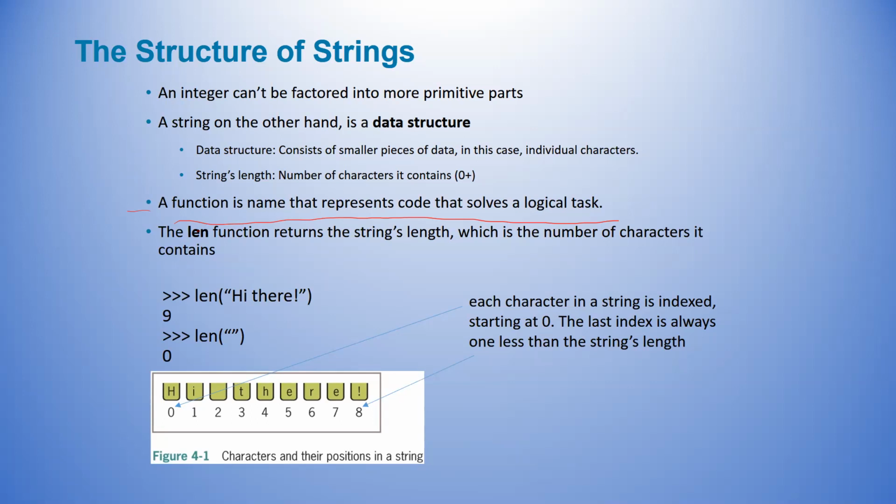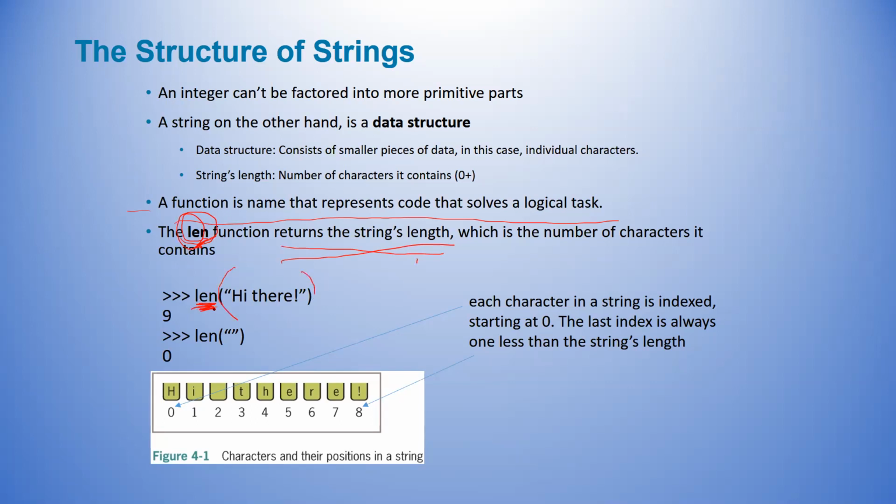Okay, so here is an example of a function, len. I use bold so that you know it's a function. The len function returns the string's length. That means it gives you the string's length. Okay, let's look at this. Len, that's a function. To use a function, you always have to have the parentheses.